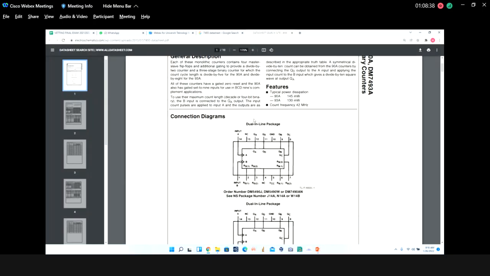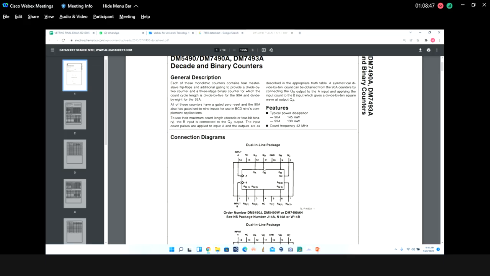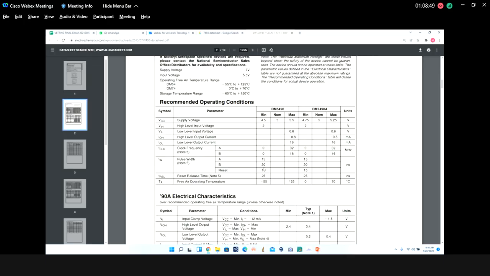So this binary counter has QA, QB, QC, and QD. And then what is RG?